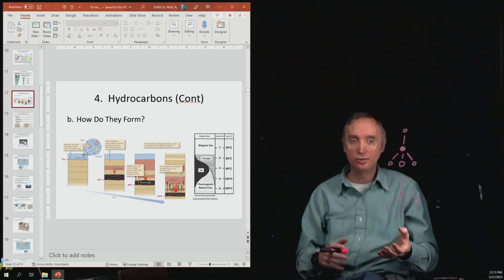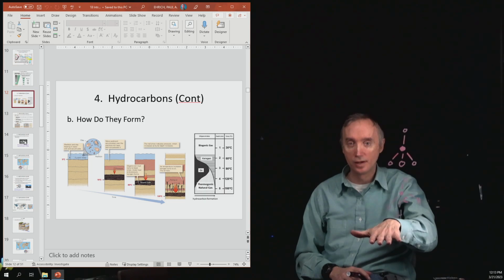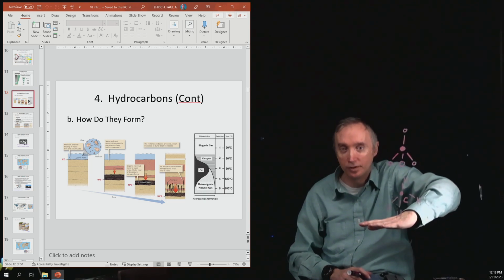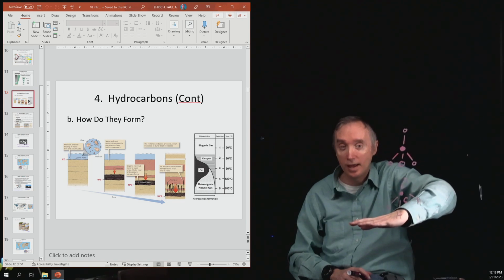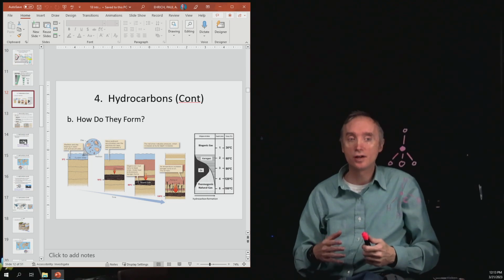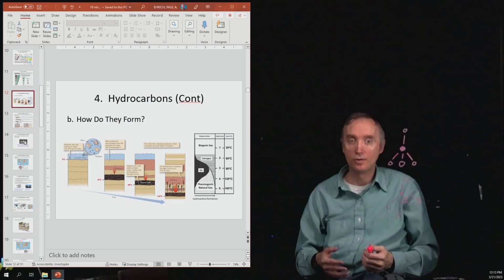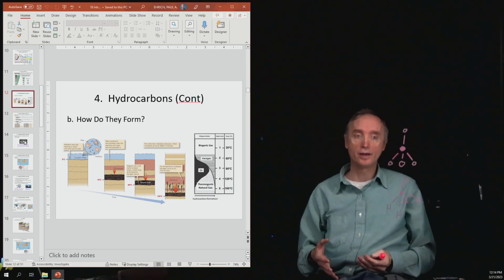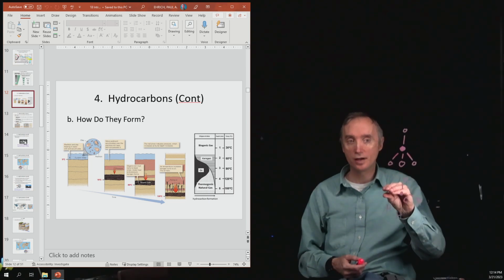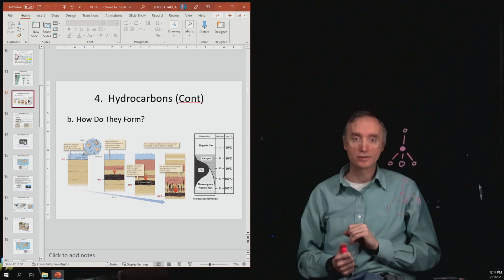So what we need to do is have a burial of that organic material, and then as it gets more and more stuff pushing down on top of it, it's going to start to heat up, and it's going to start to turn into just the hydrogens and the carbons. So all of the other stuff goes away, and you're left with just the hydrogen and the carbons that have been squished together, and then that's going to be oil and natural gas.